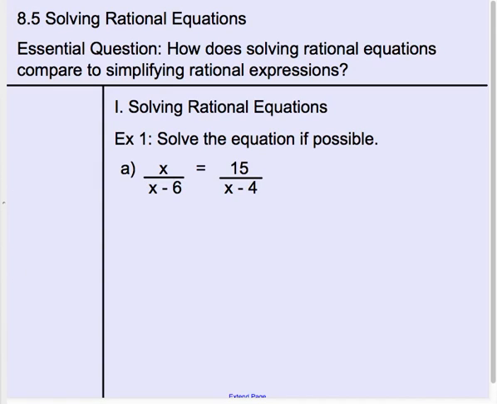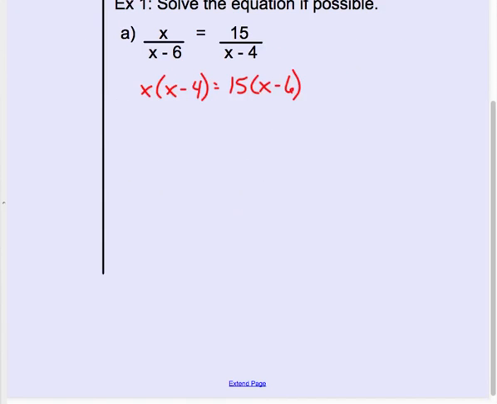Example 1, we have a single fraction on both sides. We're just going to cross multiply. So I've got x times x minus 4 equals 15 times x minus 6. Distribute and solve. We get x squared minus 4x equals 15x minus 90.